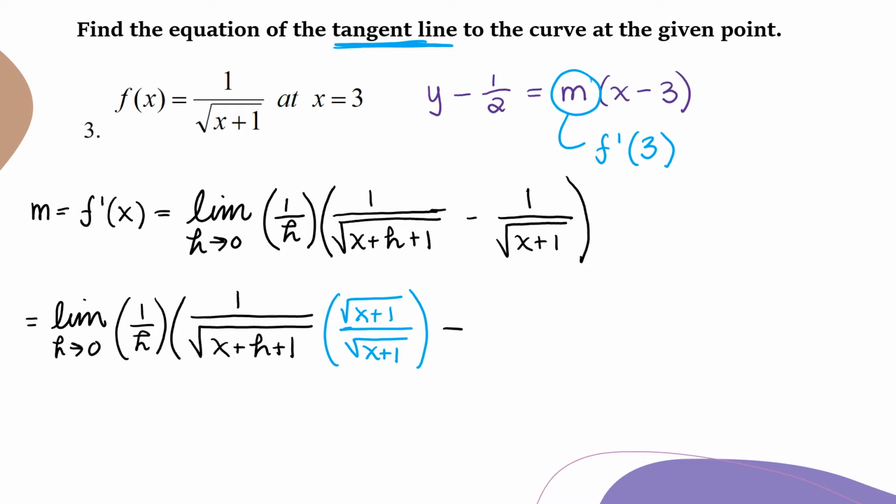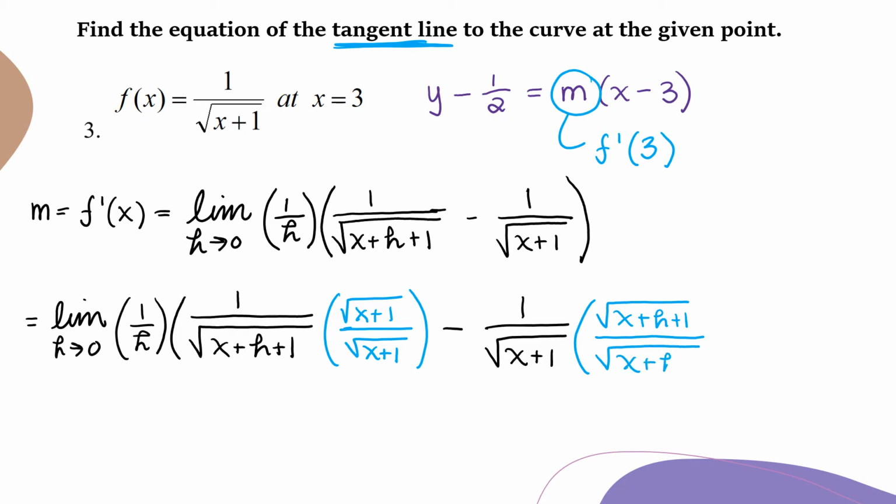And then we have minus 1 over the square root of x plus 1, which will be multiplied by the square root of x plus h plus 1 all over the square root of x plus h plus 1. And now we have our common denominator.